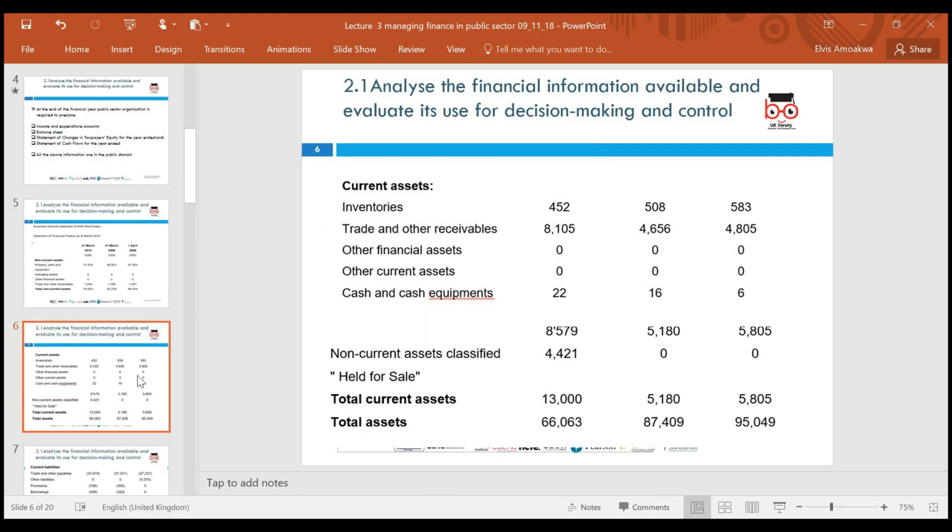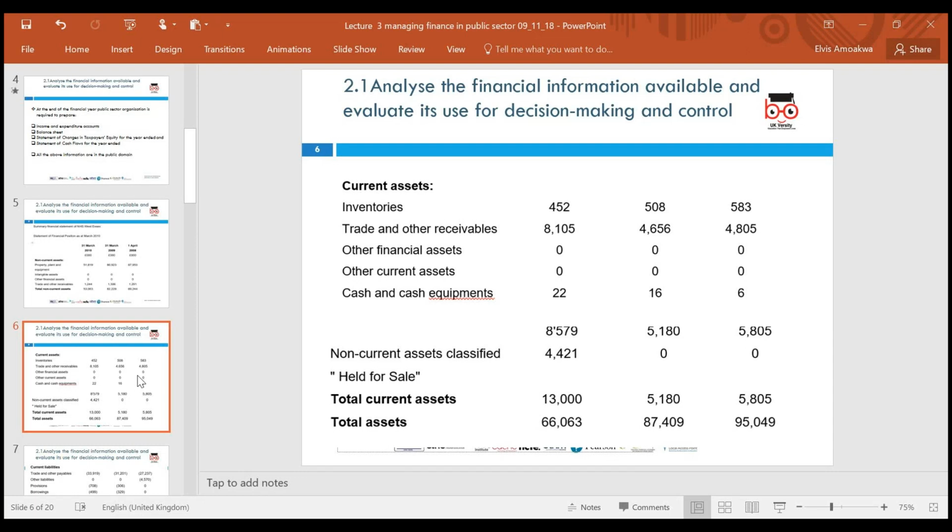So total current assets for 2010 was 13,000. 2009 was 5,180, and then 2008 was 5,805. So total assets for each year: 66,000, 87,000, 95,000.